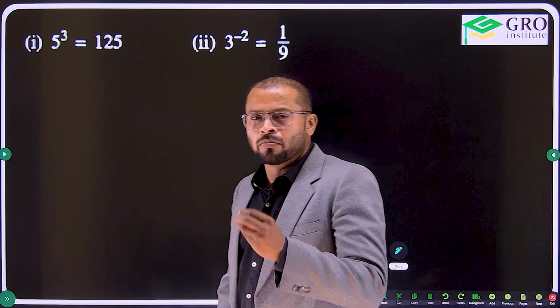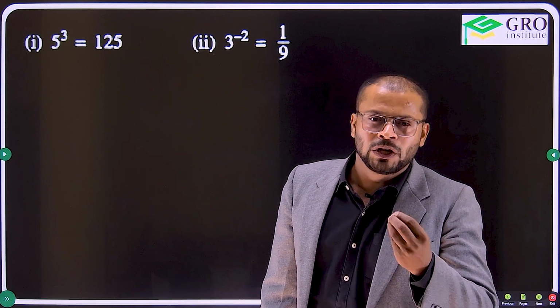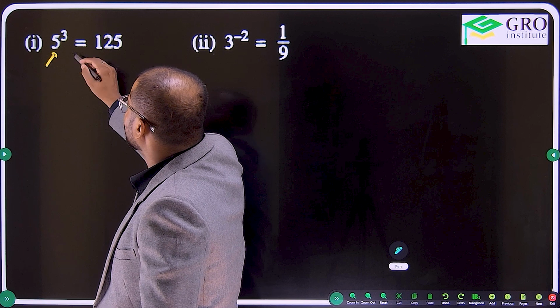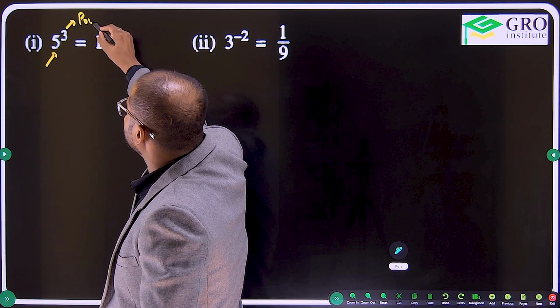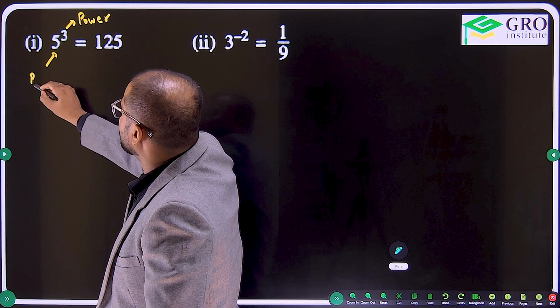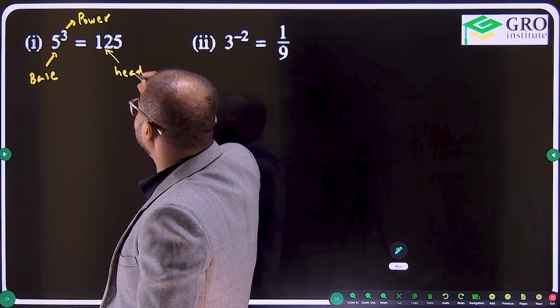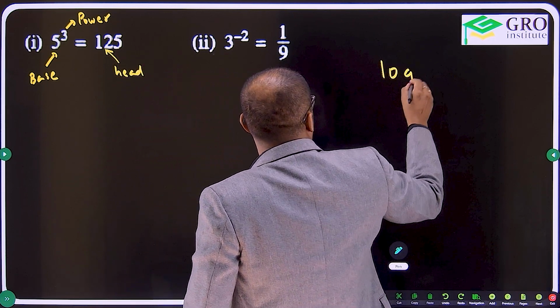Now we have more exponential forms and now we will convert them into the logarithmic form. So this is 5, this is your base, right? This is your base, this is your power, and this is your head, and your general form is log.